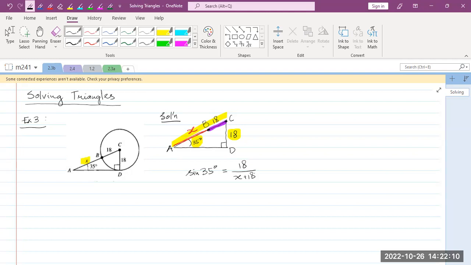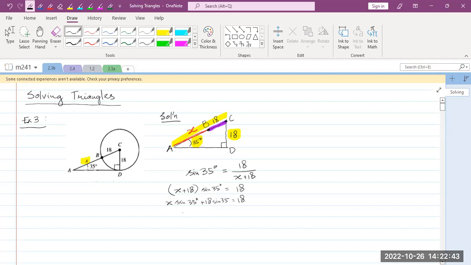Now let's start. What do we do here? We multiply both sides by the LCD, x plus 18. Don't forget to use parentheses. (x plus 18) sine 35 degrees equals 18. x times sine 35 degrees plus 18 sine 35 degrees equals 18.